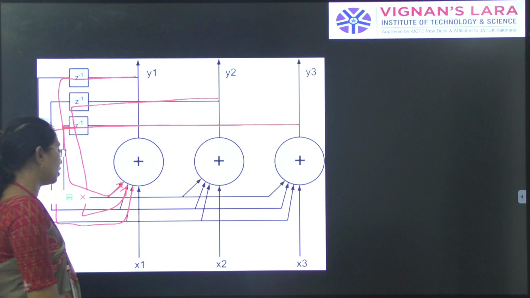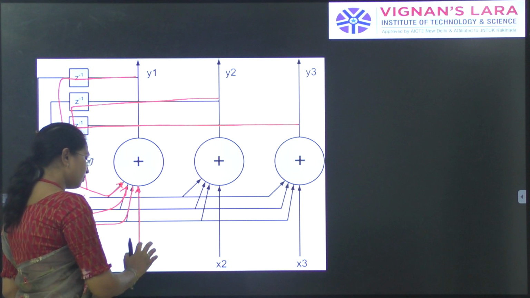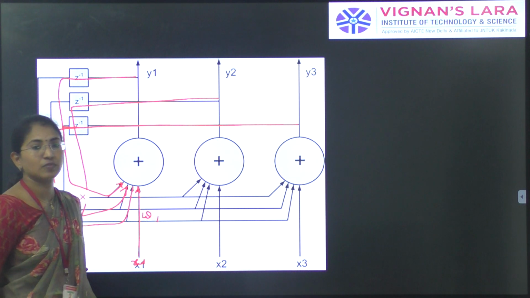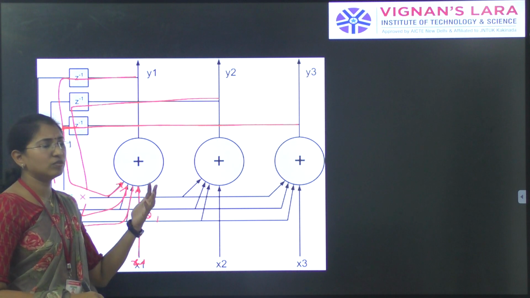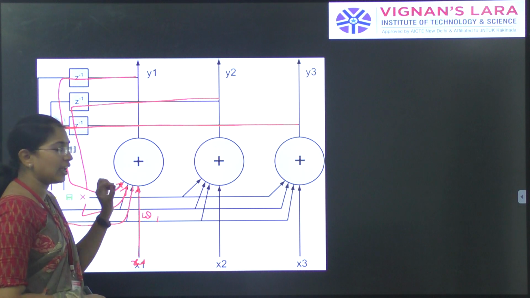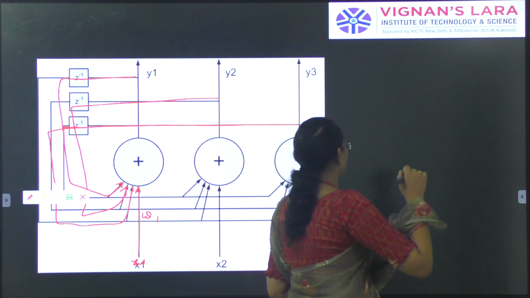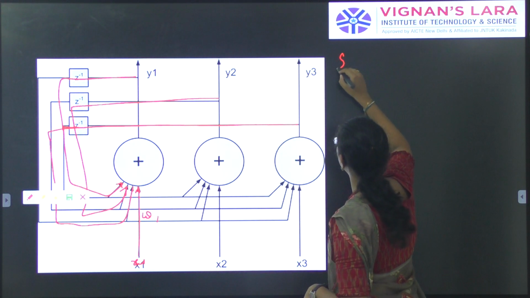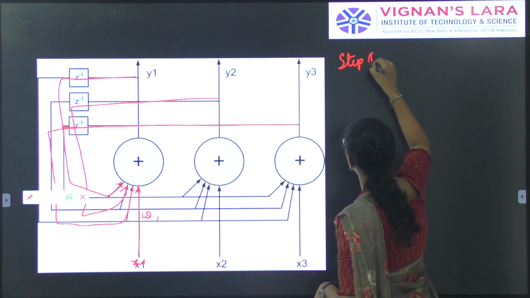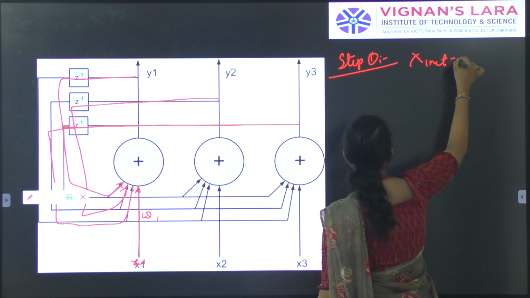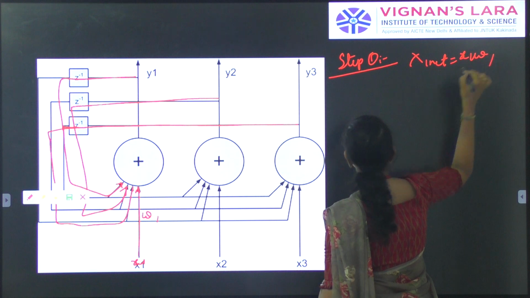And as it is step 1, initial condition, all the three outputs are 0. So what is your net input? x1 net is x1 w1.